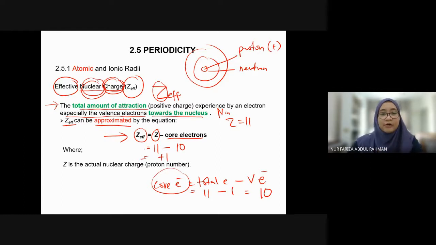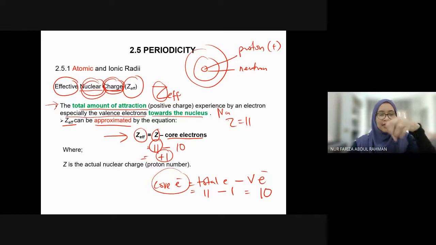Alright, so apa yang kita boleh conclude from this value? Out of 11 positive charge, the charge for the nucleus, only positive 1 is felt by the valence electron. Remember, they kena share with other electrons as well. Of course 11 tu, we consider all other electrons, so out of 11 only positive 1 is felt by the valence electron.